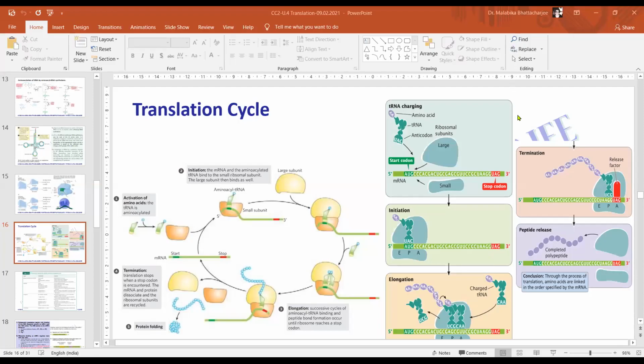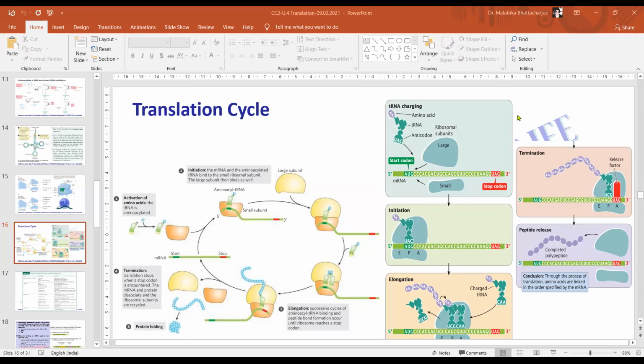In the past few classes, we have completed the part where we discussed the raw materials required for the translation machinery. We studied that the ribosome translates the genetic message from mRNA into proteins. The mRNA is translated from the 5' to 3' direction, producing a corresponding N-terminal to C-terminal polypeptide.